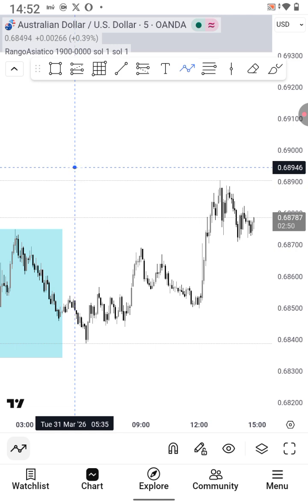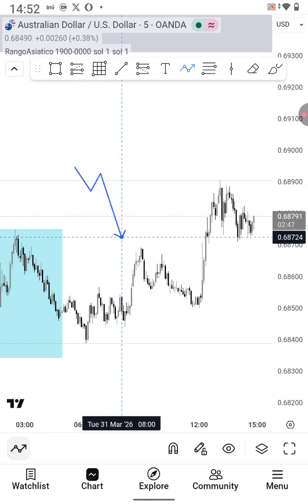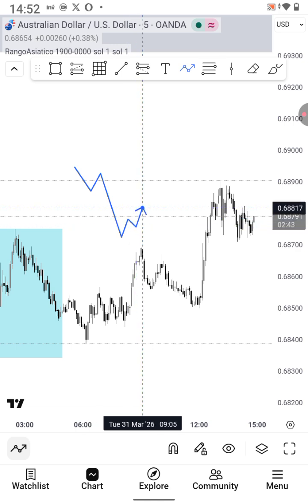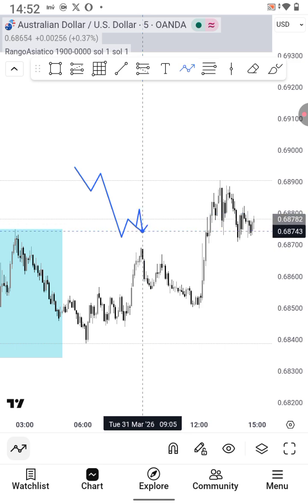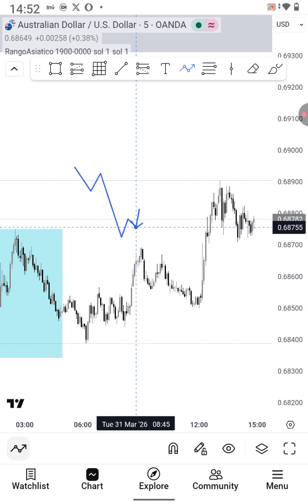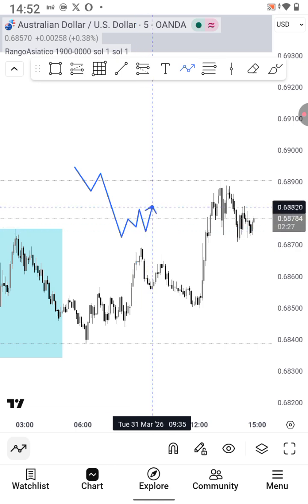So market does this impulsive move. Then when it's trying to retrace, it does this and comes down. It's not gentle, it's coming down to sweep this particular low, this most recent lower higher low that it created. It comes down to sweep the liquidity and then goes back up.